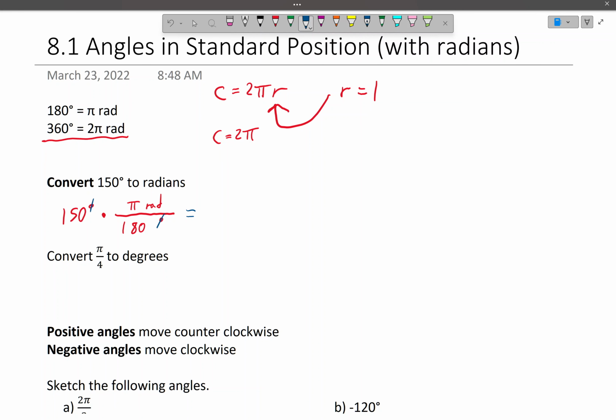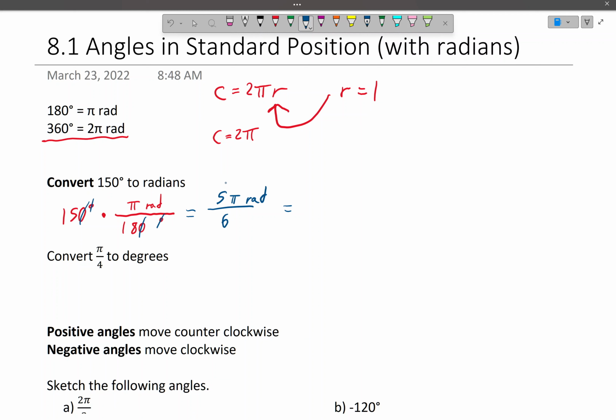We just need to pull out our calculator and try this out. I think this example doesn't require me to show it on my calculator, but you could simplify, which means you get rid of a 0 top and bottom and divide by 3, so it's 5 over 6 pi radians.